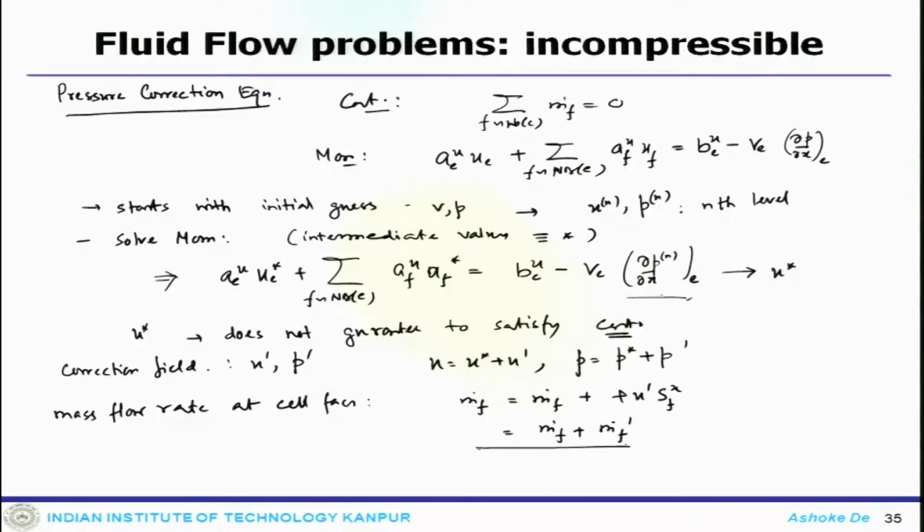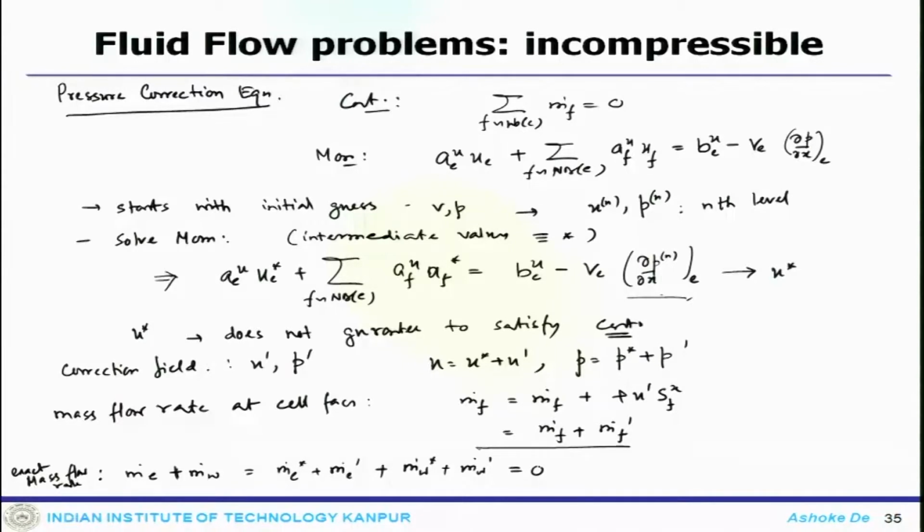So if you assume it in that fashion, m dot E plus m dot W, which is our exact mass flow rate, will be m dot E star plus m dot E prime plus m dot W star plus m dot W prime, which would be 0.